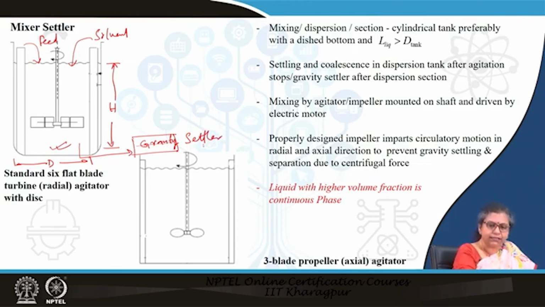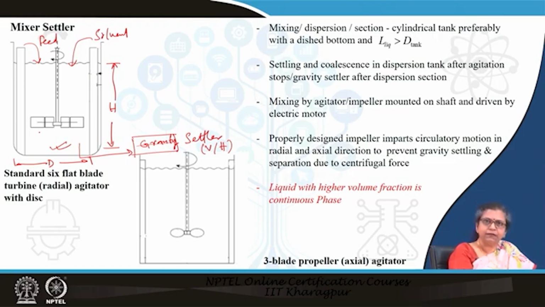This gravity settler can be either a vertical or a horizontal tank, and generally we try to ensure that the inlet velocity is not very high, so that there are not a lot of interfacial disturbances, which facilitates the separation.